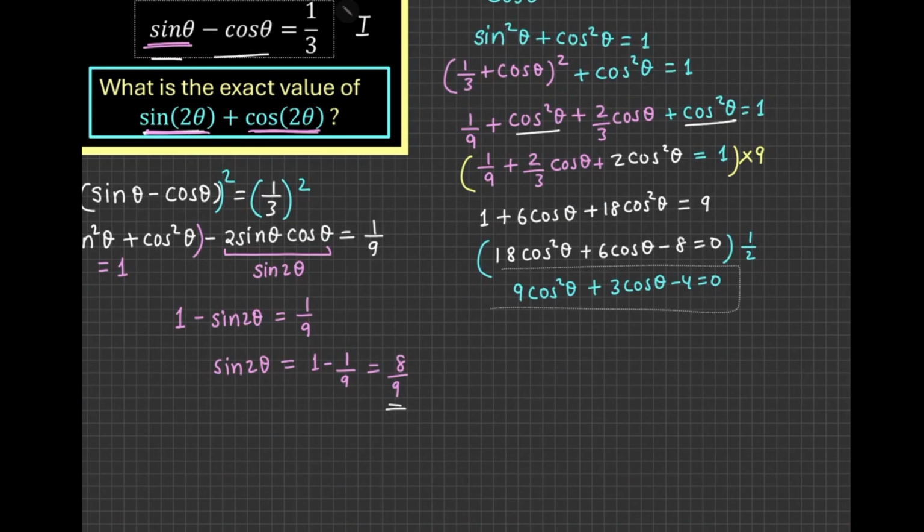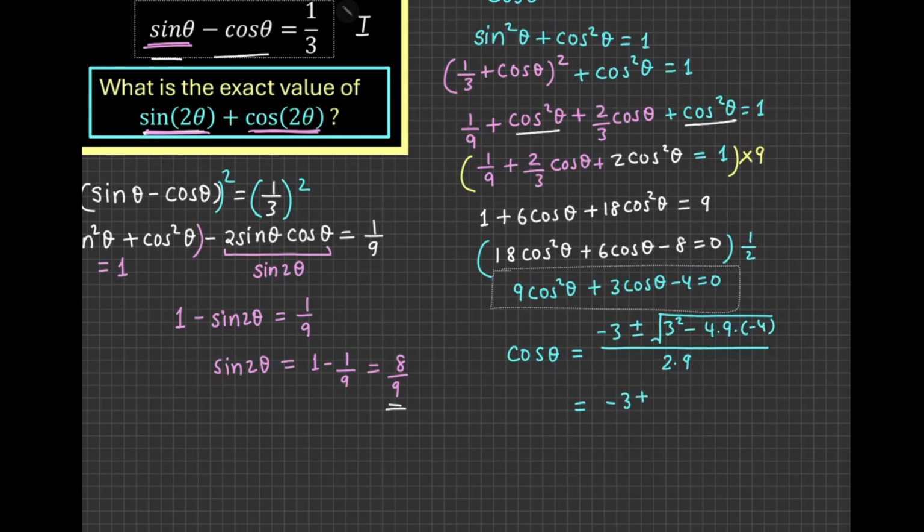Now this equation here is quadratic in cosine theta. So using the quadratic formula, we're going to solve for cosine theta. What do we get? We get cosine theta equals minus 3 plus or minus the square root of 3 squared minus 4 times 9 times minus 4, divided by 2 times 9. What does this give us?